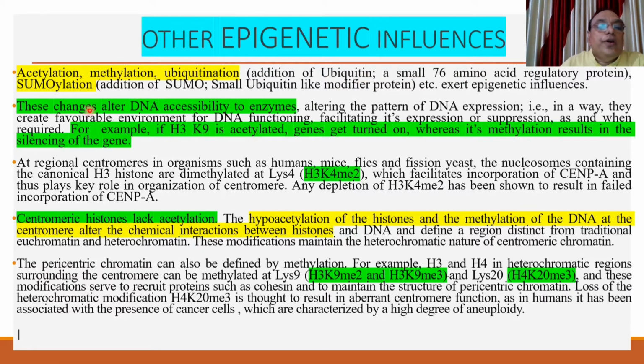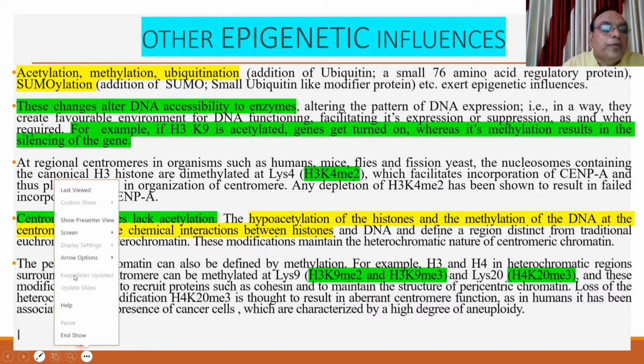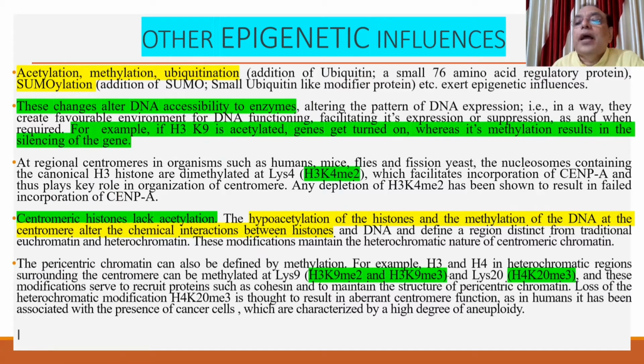So these changes, that is acetylation, methylation, etc., alter the DNA accessibility to enzymes. So let us have a glimpse of the changes. You see here that acetylation is taking place, methylation is taking place, ubiquitination is taking place, sumoylation is taking place. What is sumoylation?